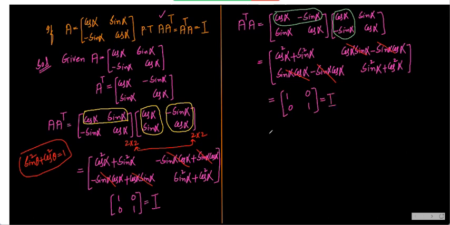Therefore we have shown that if you find A into A transpose, or in a different order A transpose into A, in all these cases we are getting our answer as identity matrix. Therefore here we can say that A is orthogonal matrix.